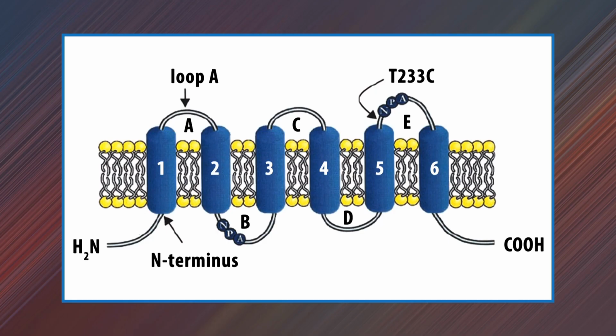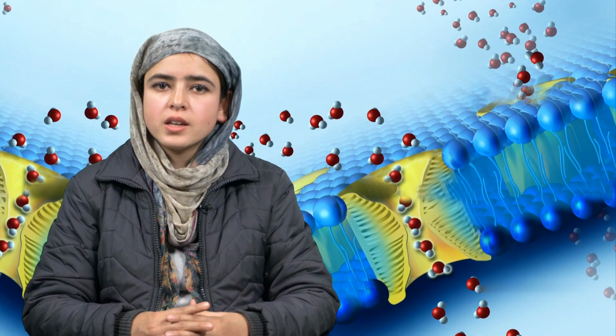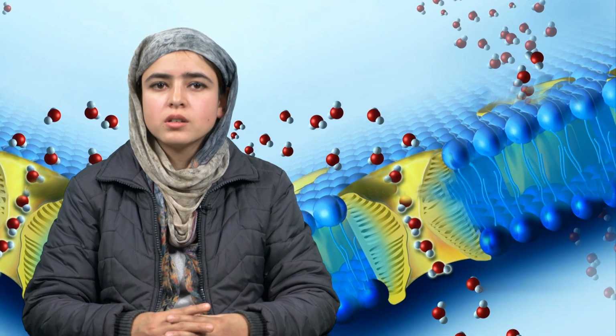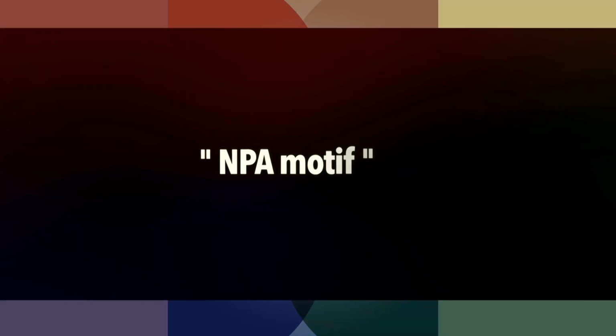Between the helices are 5 regions, from A to E, that loop into or out of the cell membrane. Two of them, B and E, are hydrophobic, with an asparagine proline alanine NPA motif pattern.